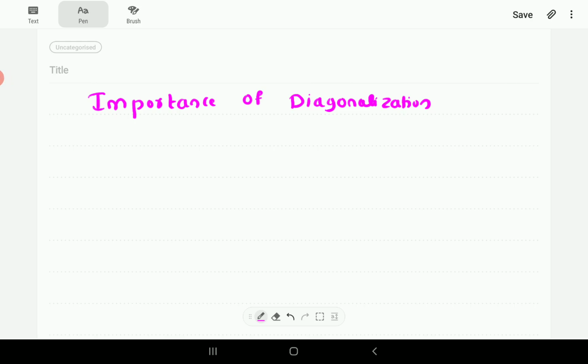Okay, so here we will first see what is the importance of this diagonalization.